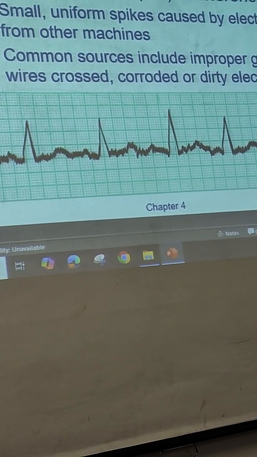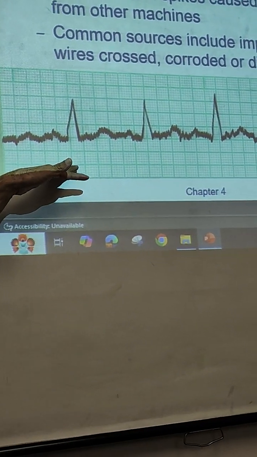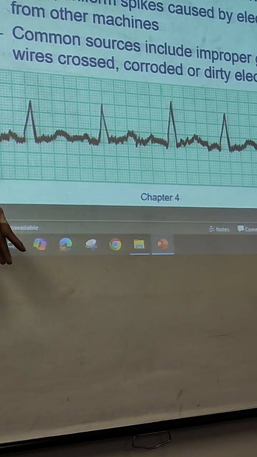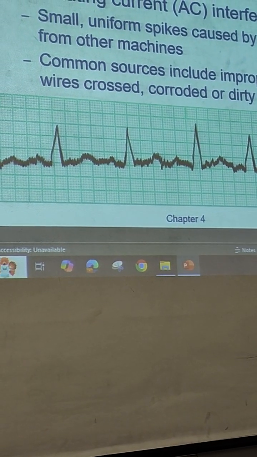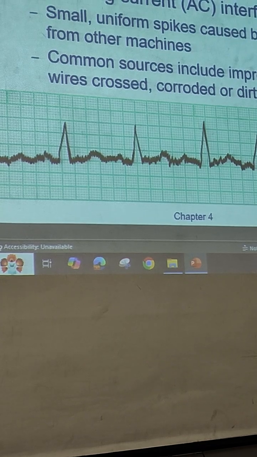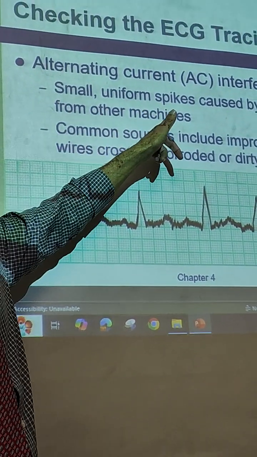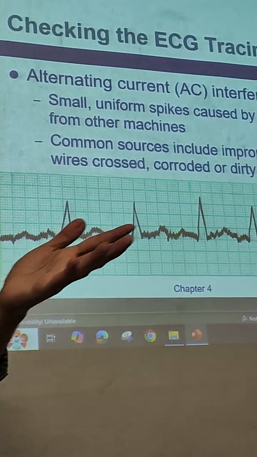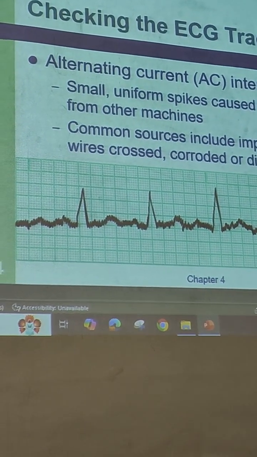That's it. Then they give you this picture. The image that you see below is representing which artifact. Immediately, you know that this is AC interference. They're not going to spell it out like this, alternating current. They say AC interference because it's the most common, and it is shorter. Next.